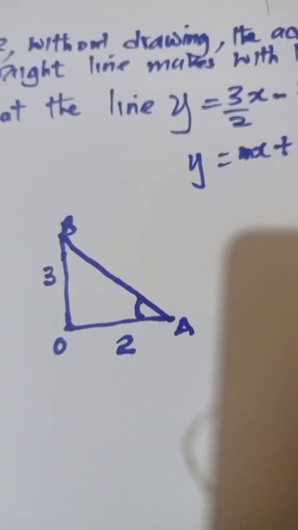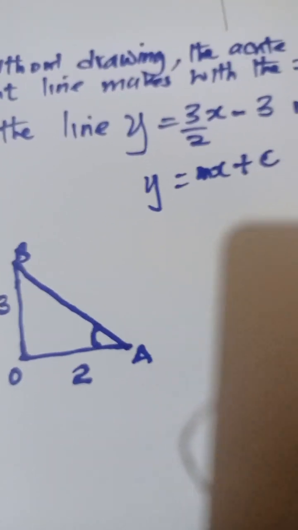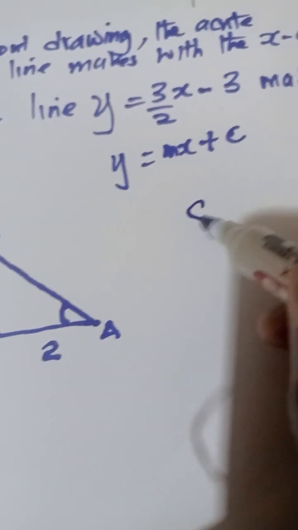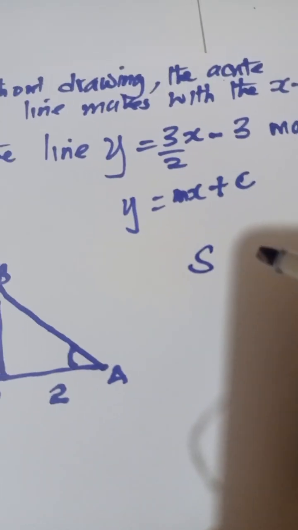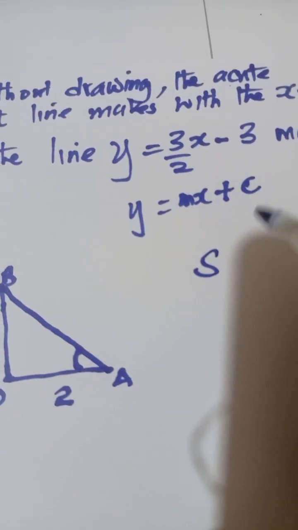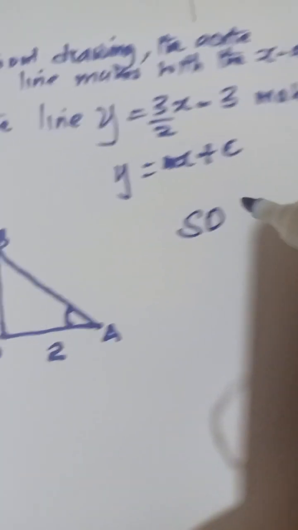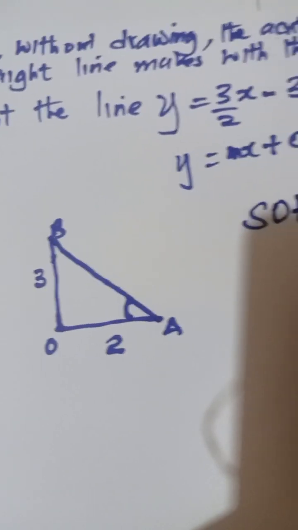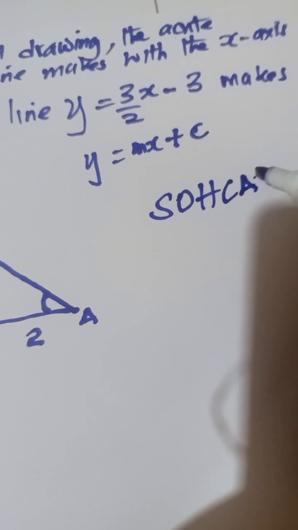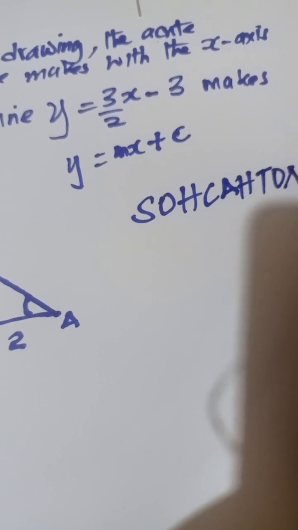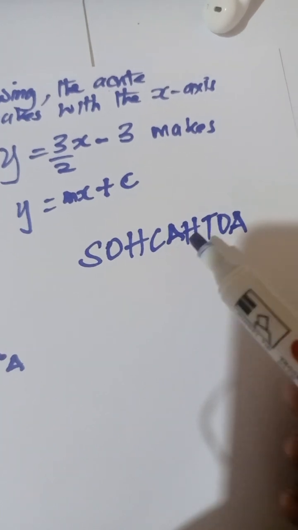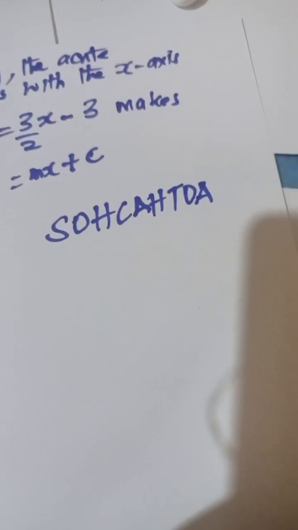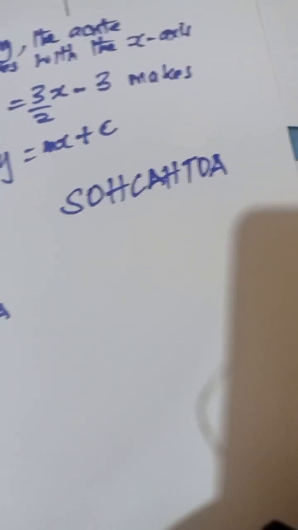Now, whenever we have a right-angled triangle, we can use the trigonometric ratios. You remember the sine, the cosine, and the tangent from SOHCAHTOA. Sine is opposite over hypotenuse, cosine is adjacent over hypotenuse, and tangent is opposite over adjacent.